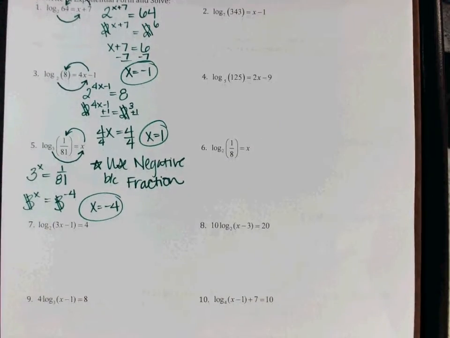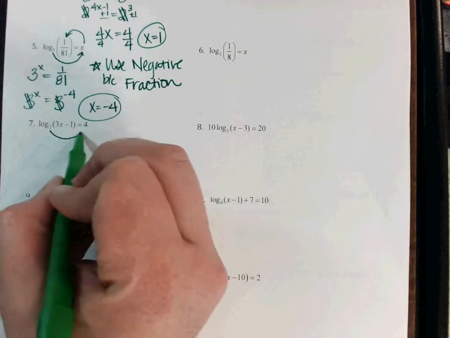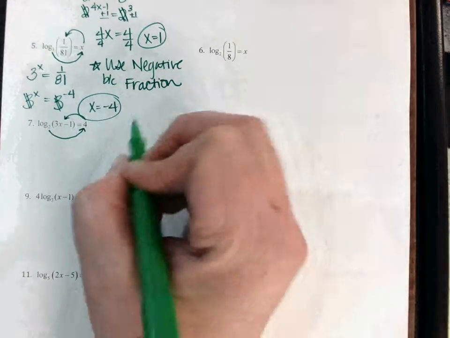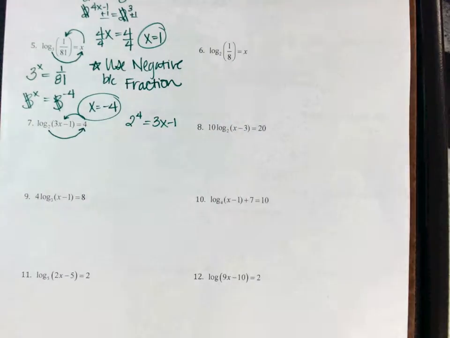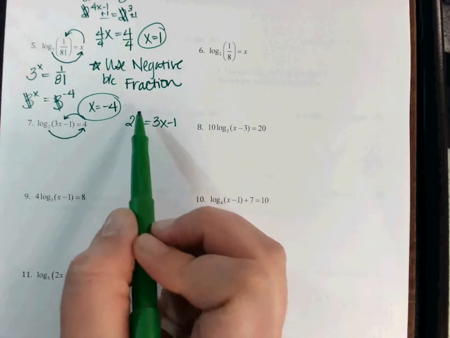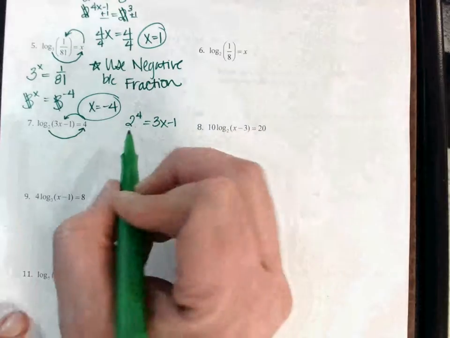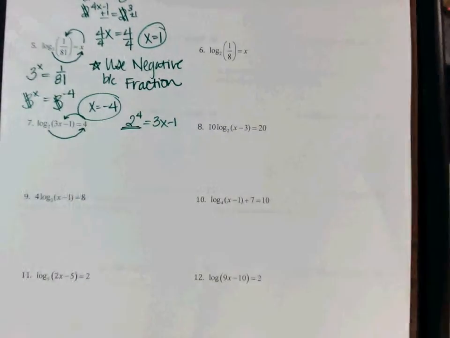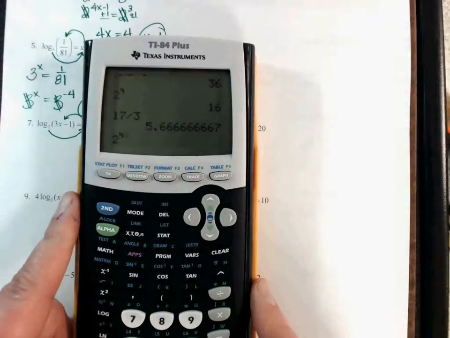Now go down to number 7, right below it, going down the odds. Number 7, where does my loop start? 2 to the 4. Bring it back around equals 3x minus 1. This is where you have to remember that you're only using common base if your x is up here. If my x is over here as in a normal equation, then I'm going to turn this into a normal number. In your calculator, type in 2 up to the 4, and you get 16.